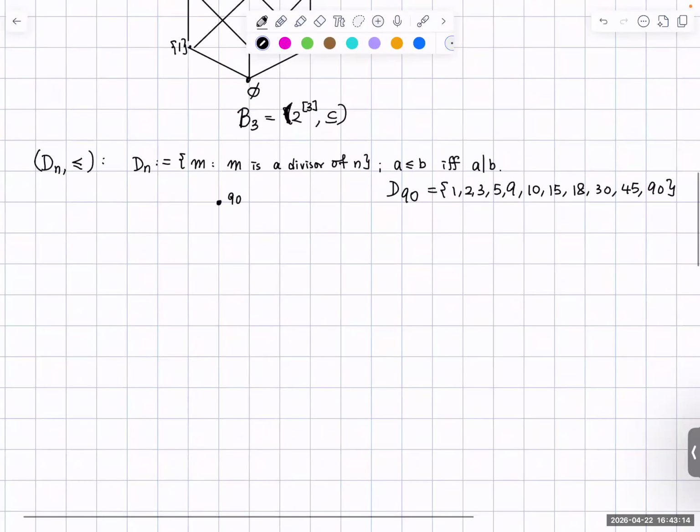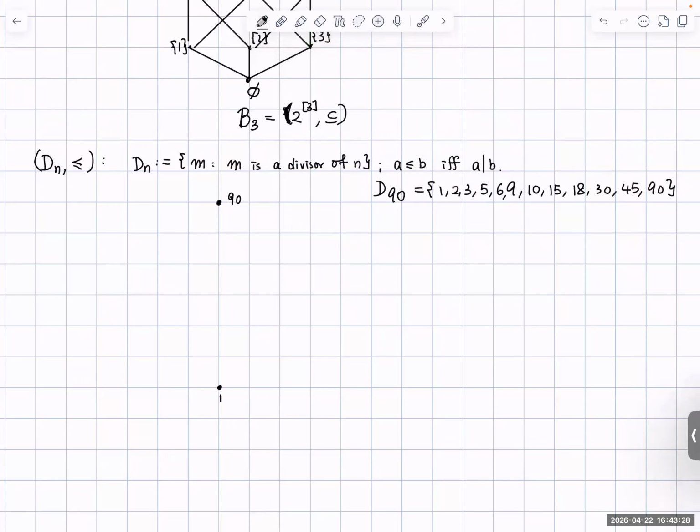So we know that 1 would be the smallest one. Yes, 6 and 9. So 1 would be the smallest one. And then we will have 2, 3, and 5, which are directly above 1, and they are just the prime factors, right?